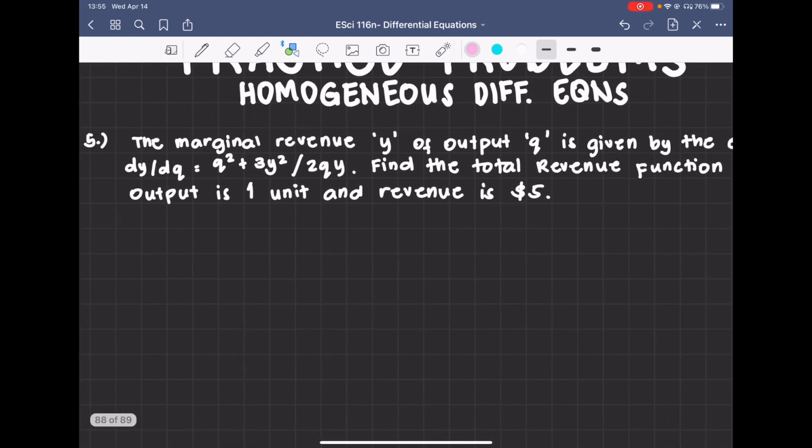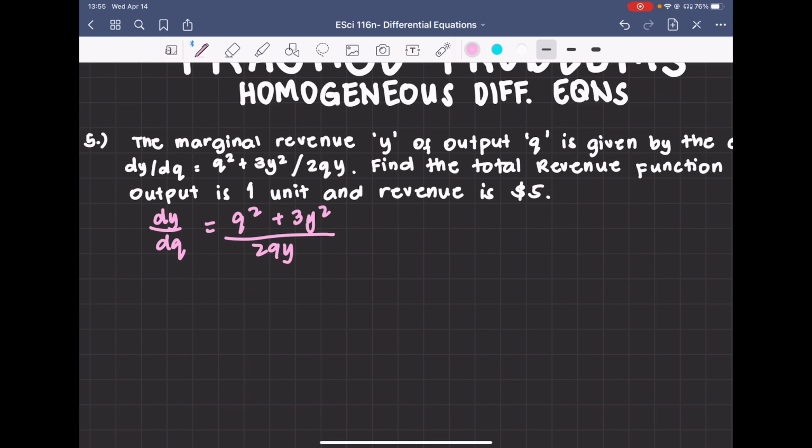So let us rewrite our equation. That's dy over dq equals q squared plus 3y squared over 2qy.